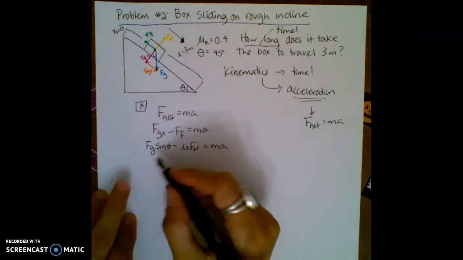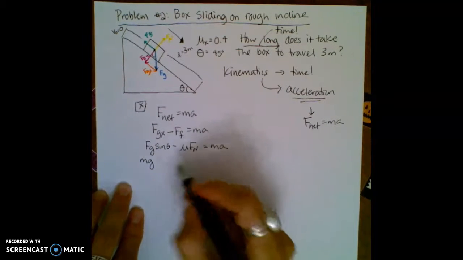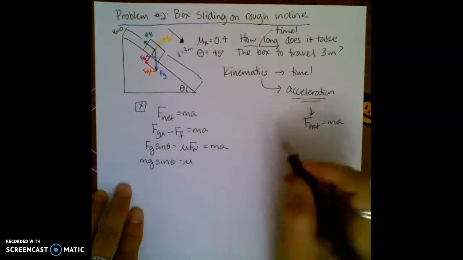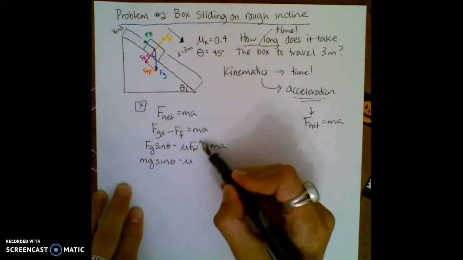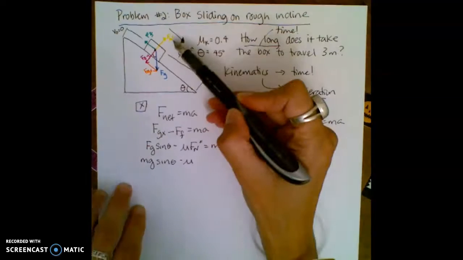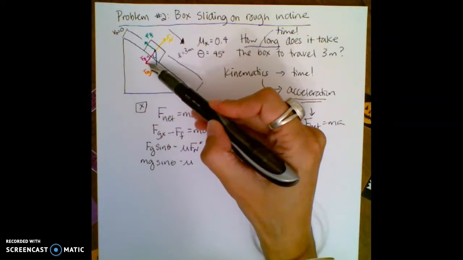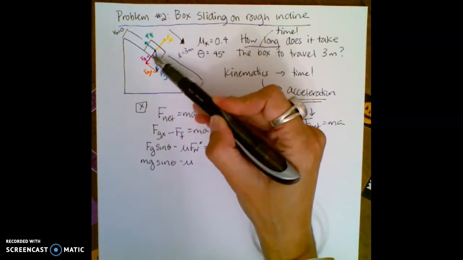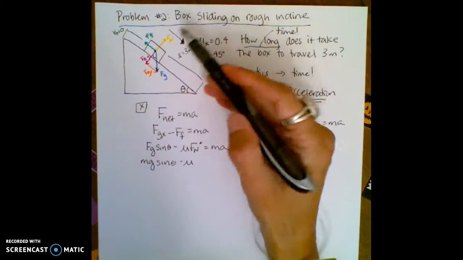I'm going to expand these things, because I can write them as other things. So Fg, I can write as mg, mass, times the acceleration of gravity of wherever you are, times the sine of theta, minus mu. Now, looking at my free body diagram, what is it that Fn is equal to? Well, Fn, if you remember from the intro lesson, is directly across from the y component of the weight. So Fn and Fgy are equal in size, and opposite in direction. So I can find Fgy by using trig.